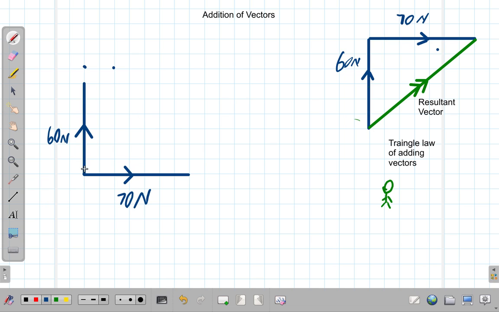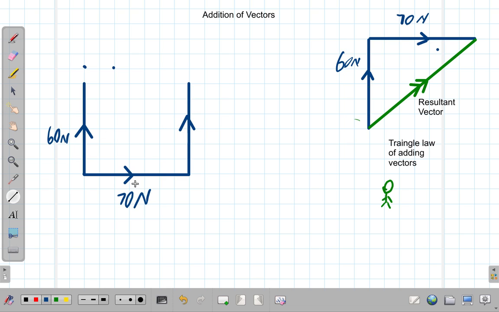In this case, when you draw them touching, so that the beginning of each vector touch each other. Suppose you draw another vector like this. So you draw it 1, 2, 3, 4, 5, 6. The 60 newtons. You draw it going upwards. In other words, you draw the same vector again.